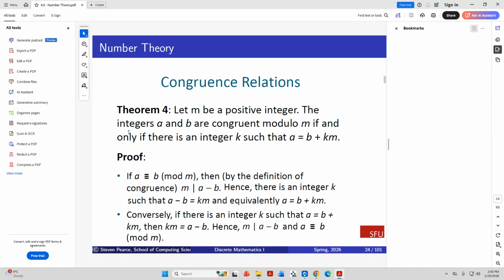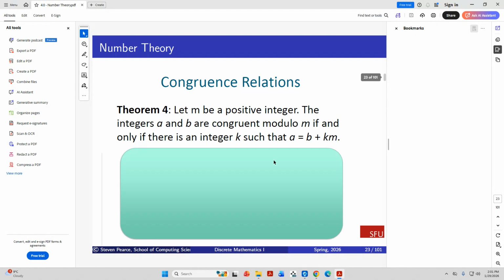The fact that if integers a and b are congruent modulo m, if and only if there is an integer k such that a equals b plus km. Which means that m divides a minus b. That's basically what this is, and that's what we said here.